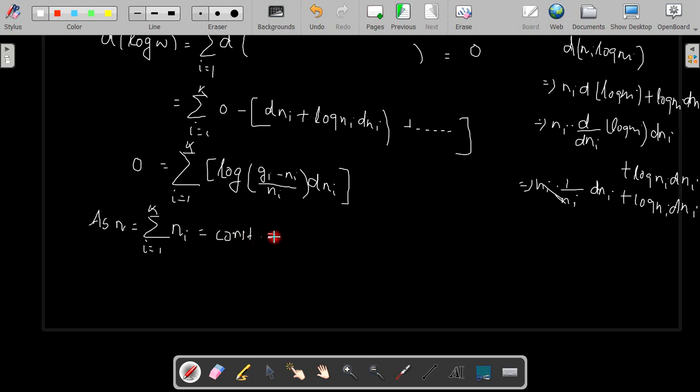So I can simply say that this summation i equals 1 to k of n_i, if I take the differentiation of that, has to be 0, obviously, because this side is a constant and I am taking d of that side. What we can do is multiply both sides by alpha, because depending on the condition we might need to have a constant change.